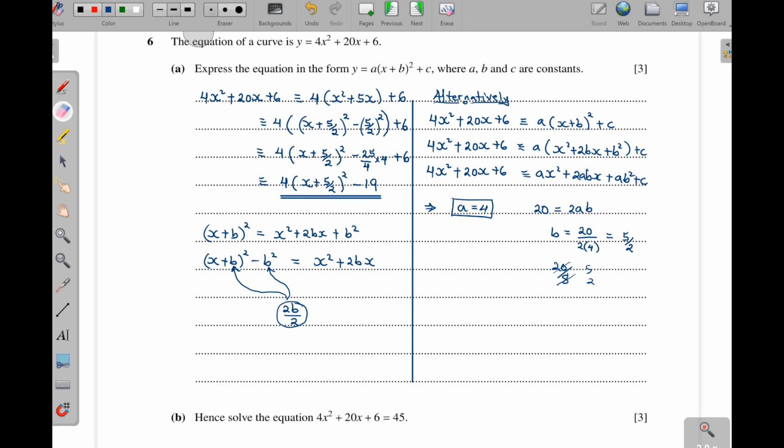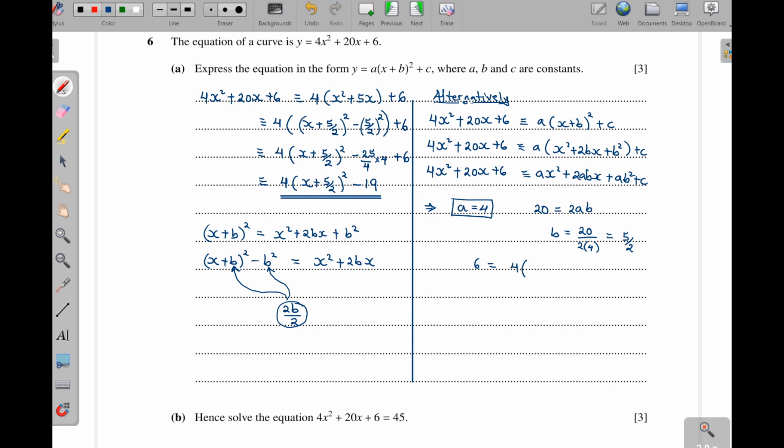Okay. Then after that, what else are we getting? You go now to the constant term. So the constant term here, we are seeing a positive 6, not so? So we have 6 here, which is equal to ab squared plus c. All of these ones that have not gotten an x on them, that is the constant term. So our a is a 4.